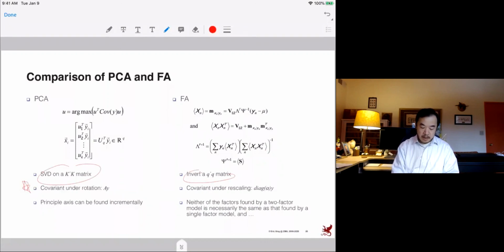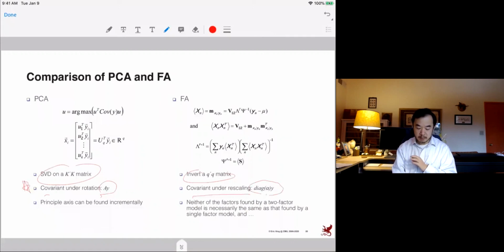In PCA, the result is covariant under rotation. If your Y experiences a rotation of the data, say you just multiply all the data with a matrix to rotate it, then your PCA result will be changing. Okay, they will basically give you back other principal components. In FA, basically, if your data gets scaled by something, then your loading matrix will also be changing.